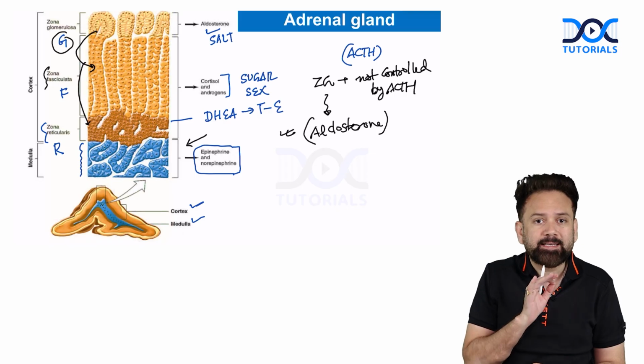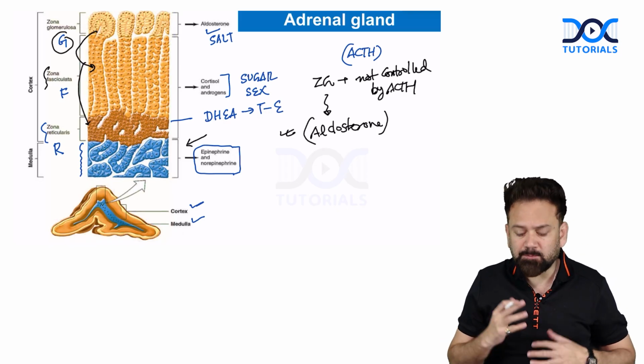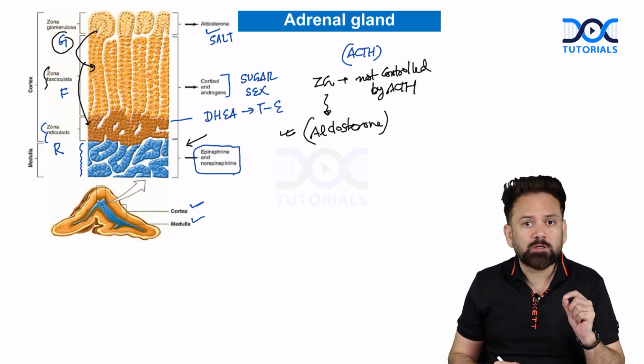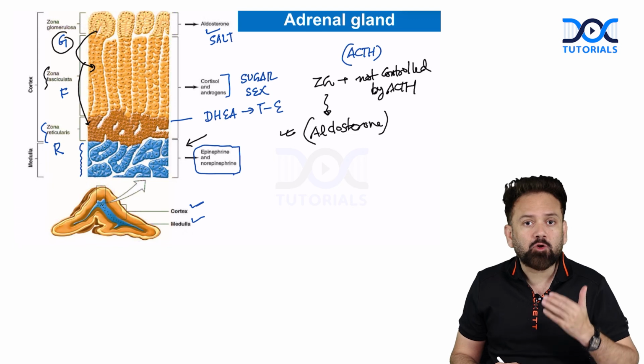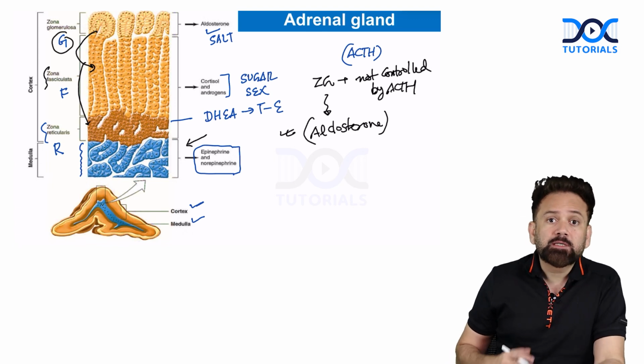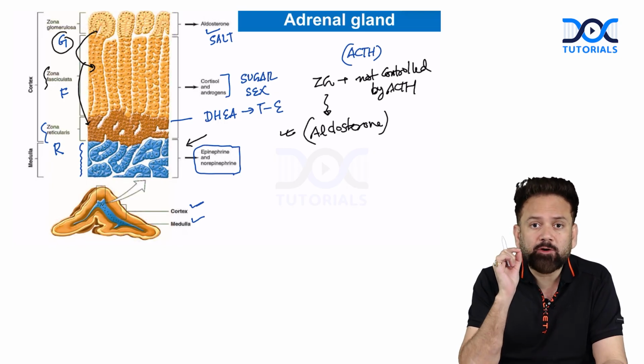Aldosterone we have covered in detail in kidney. We have discussed the function of aldosterone. Just let me recap. Aldosterone causes activation of various channels and proteins, and causes reabsorption of sodium and secretion of potassium. Then we discussed they work at the level of the nucleus because they are steroid hormones.